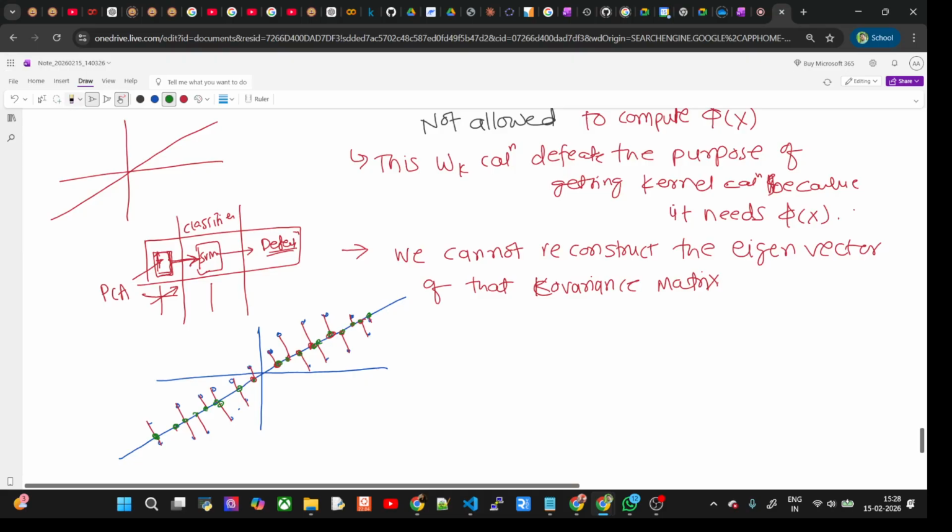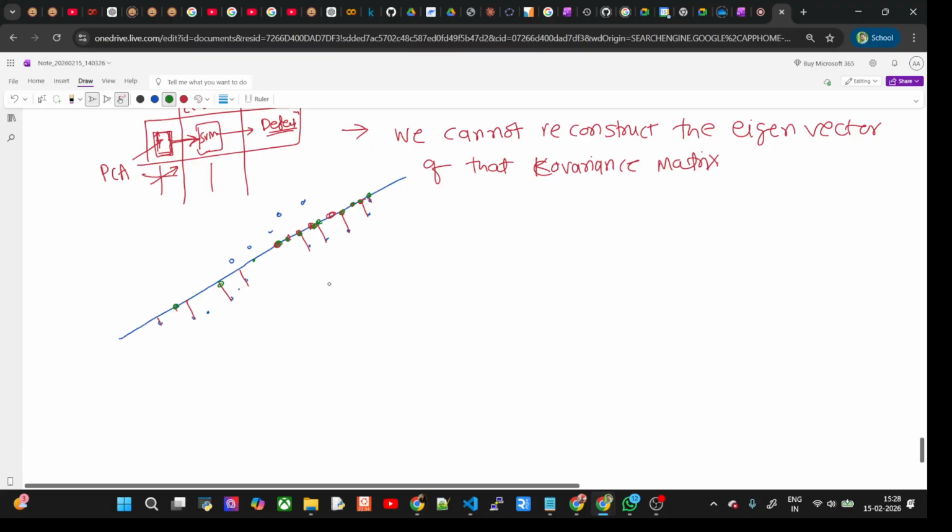You are saying, leave this point, I am not interested in this point now, remove this point, because you already got the projections.